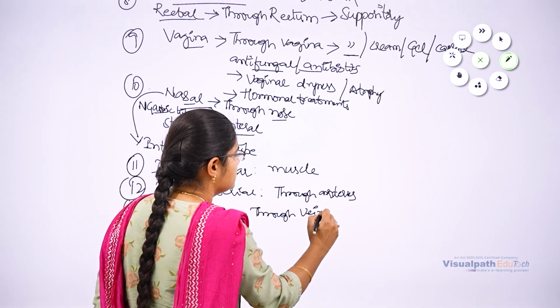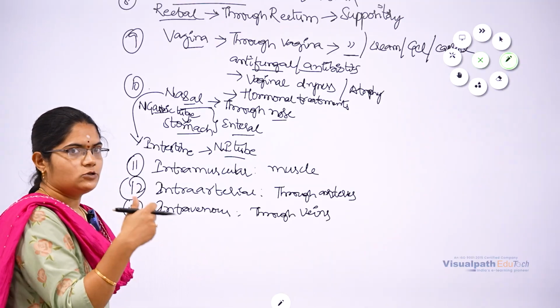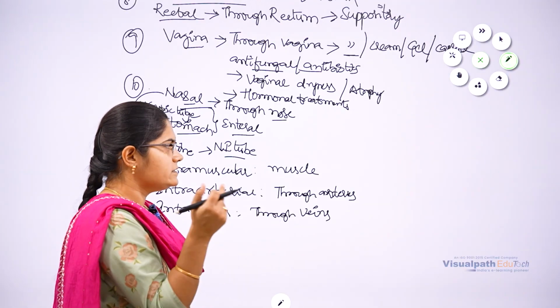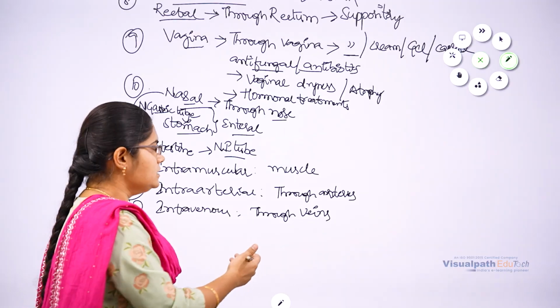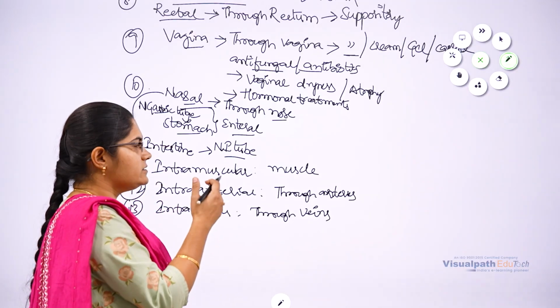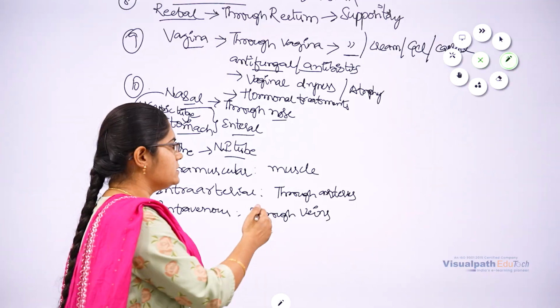The drug is injected directly into the arteries, that is intra-arterial. The drug is directly injected into the vein, that is termed as intravenous. The drug is directly introduced into the muscle, that is intramuscular.